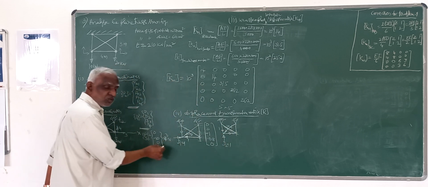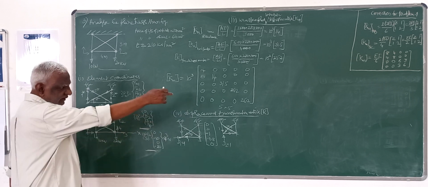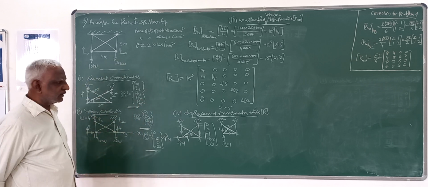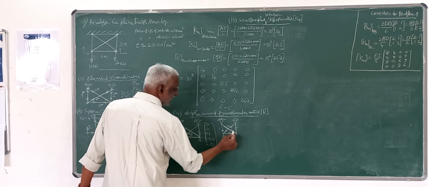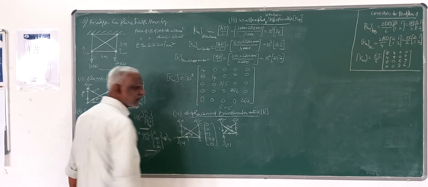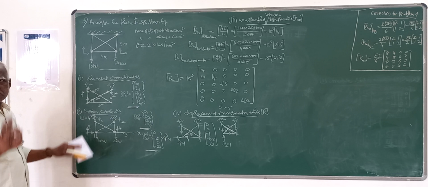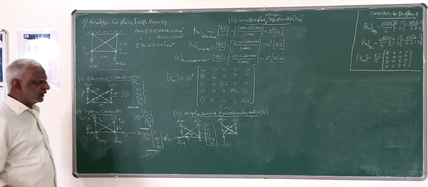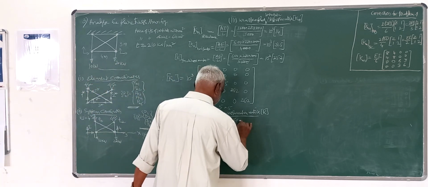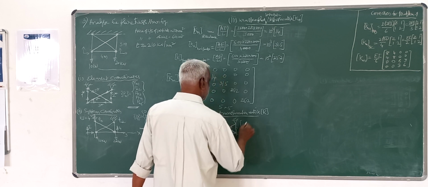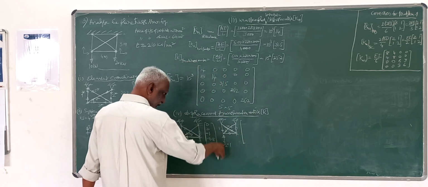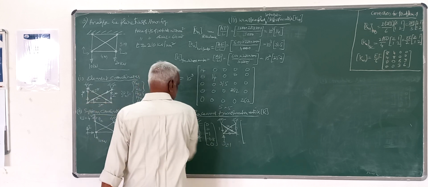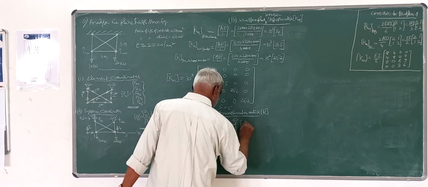Here it is 4 by 5, cos theta, there it is sin theta, vertical. And this member is not there. Likewise, here displacement is 0, here displacement is 0. All other displacements are restrained. So the second column of this transformation matrix: for member 1, it is again opposite to this direction, so it is -1.